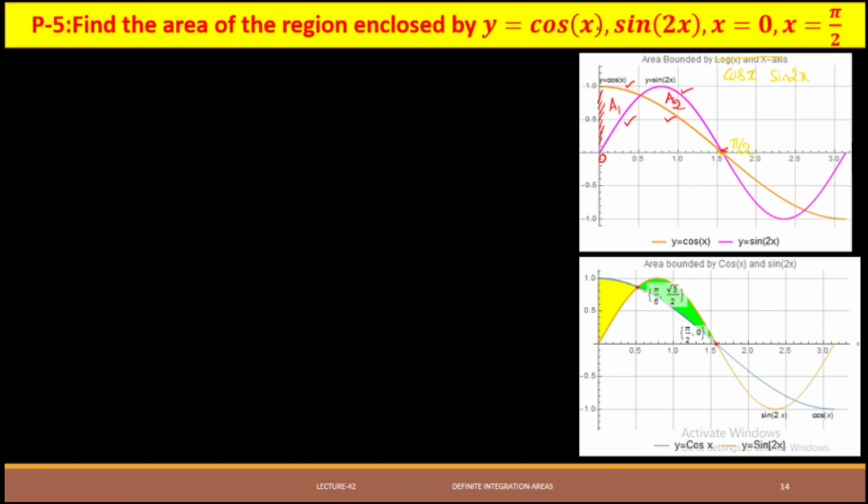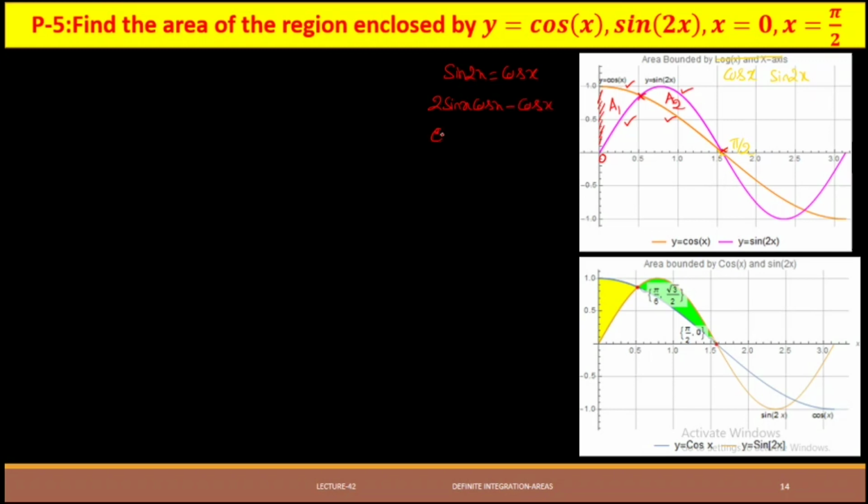This point of intersection we need to find out. How do we find the point of intersection? I have to solve the equation cos x equal to sin 2x. Let me write it as sin 2x equal to cos x. So this is 2 sin x cos x minus cos x.